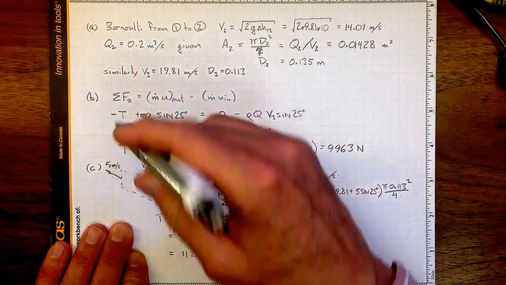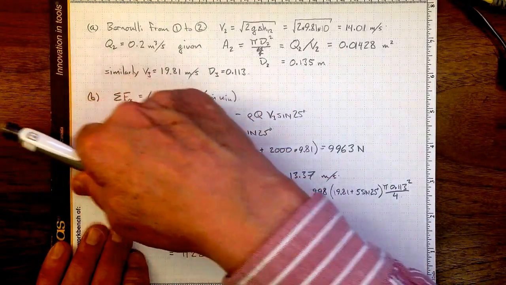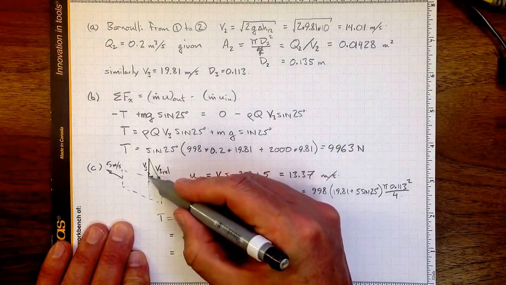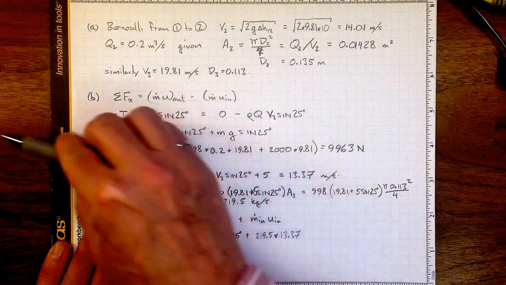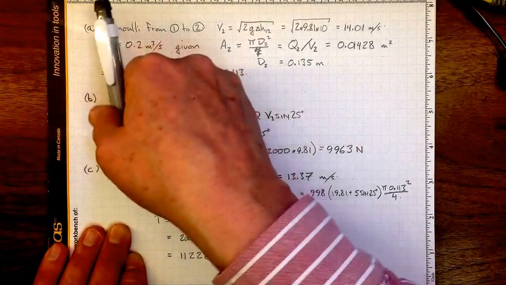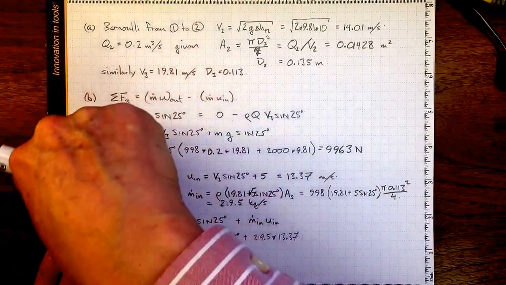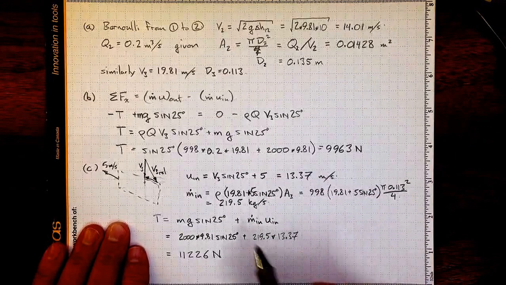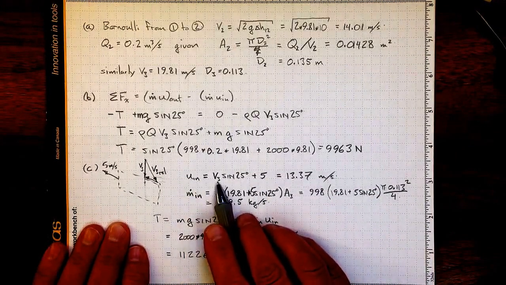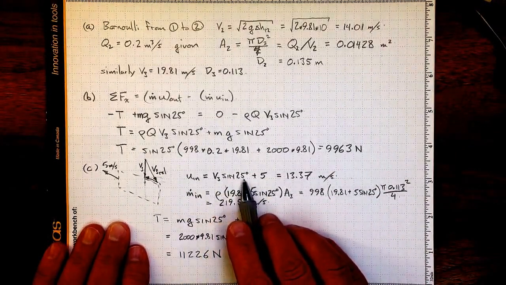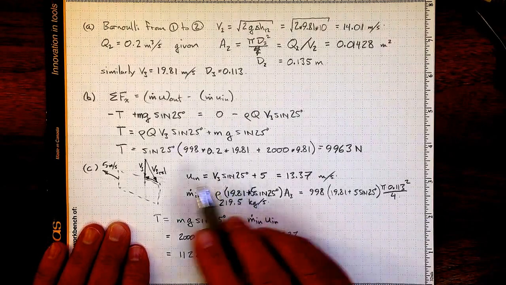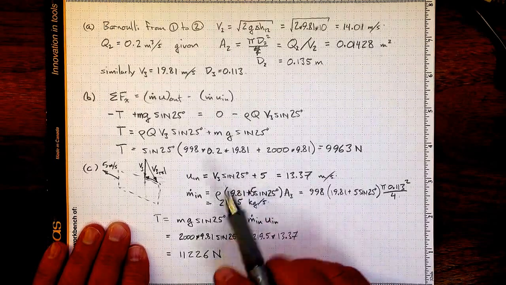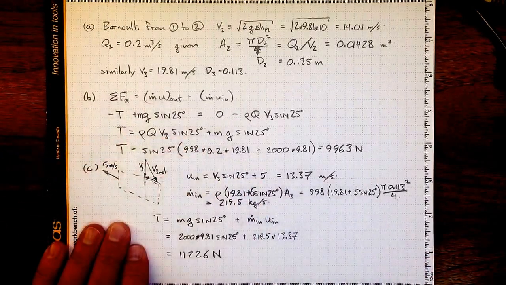Likewise, the velocity relative to the control volume is bigger in the x direction because the control volume is moving this way. So there's the original velocity plus a component due to that increased motion of the control volume. So the velocity in is V3 sine 25, just like it was before, that component from here, plus 5 meters per second, the speed at which the control volume is moving that way.